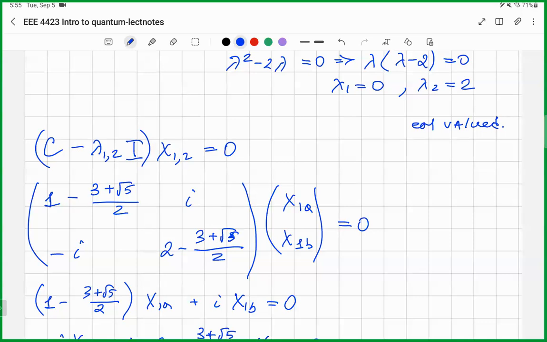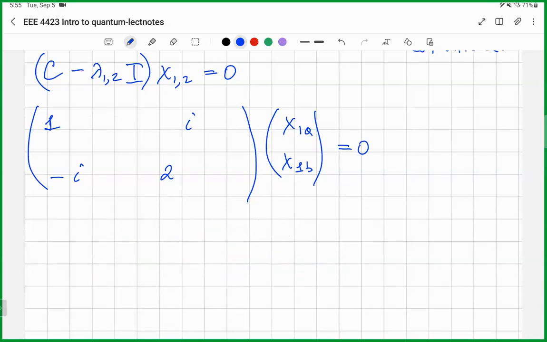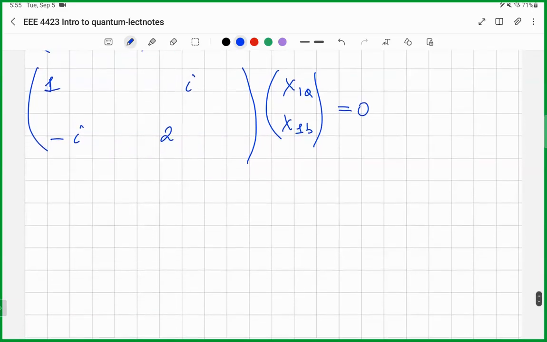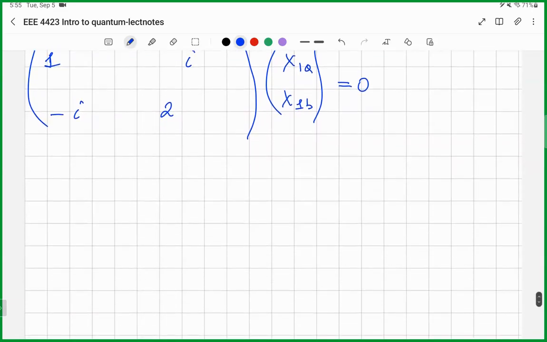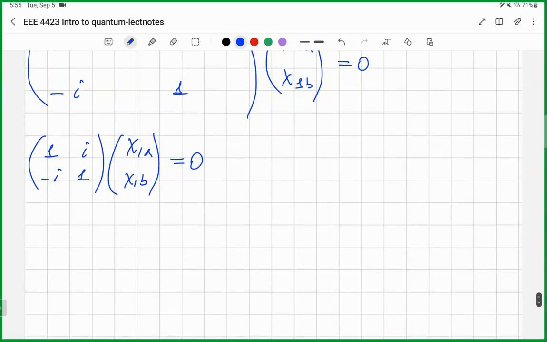So for the first one, it is 0 here and 0 here. Okay, and let me clean this up. So it will be 1 i minus i 1. Yeah, this is 1. The x1a, x1b vector equal to 0.